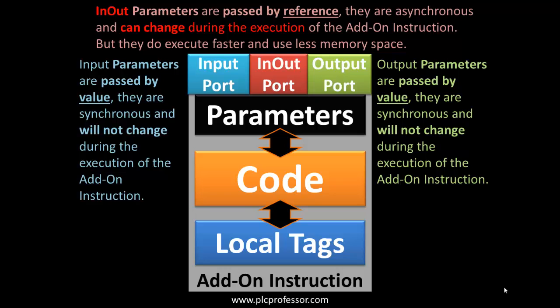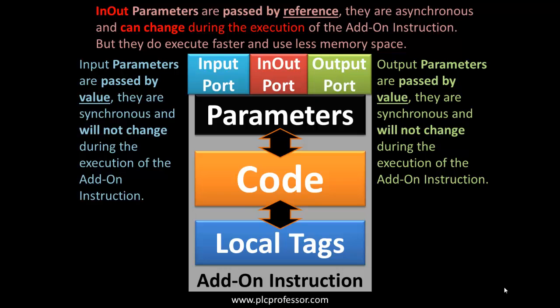You will have to make the decision when you create your add-on instruction whether to specify your parameters as input and output or as in-out type. You could just make them all input and output, but remember that input and output parameters execute slower and require more memory space.